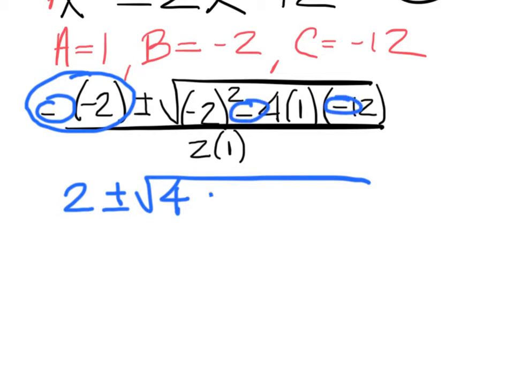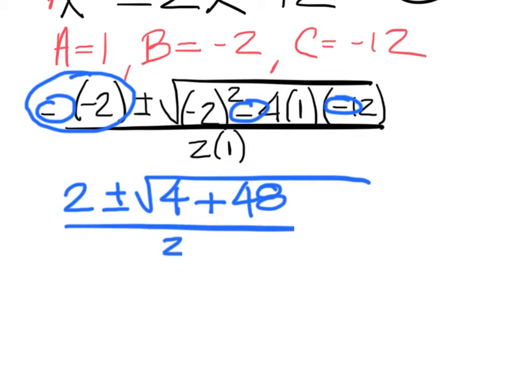Minus a negative is plus. 4 times 1 times 12 is 48. On the bottom, 2 times 1 is just 2. Four plus 48 is 52.